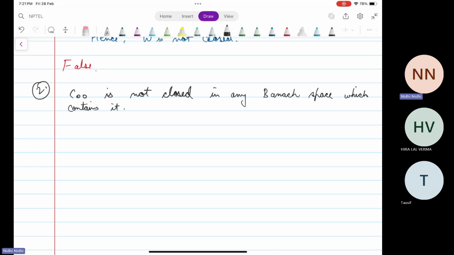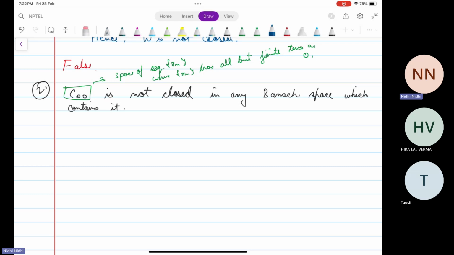Again, the c00 is the space of sequences xn, where xn has all but finitely many terms as 0. That means it has just finitely many non-zero terms, rest of the terms are 0.